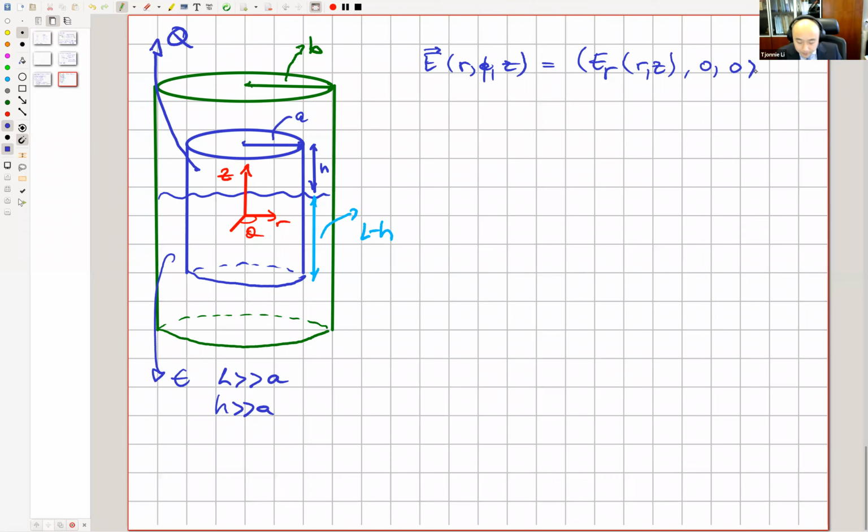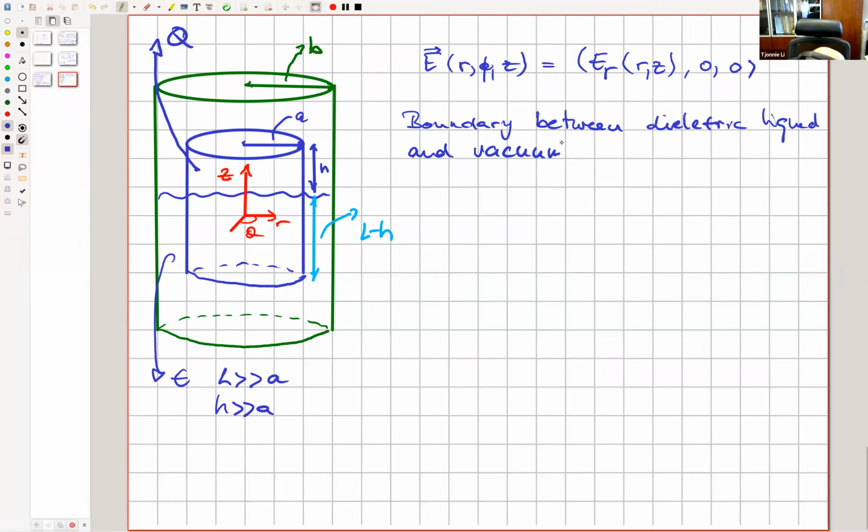Okay, now let's consider some of these boundary conditions. So we have a few boundaries here. Let's do the easy boundary first. What about the boundary between the dielectric liquid and vacuum?